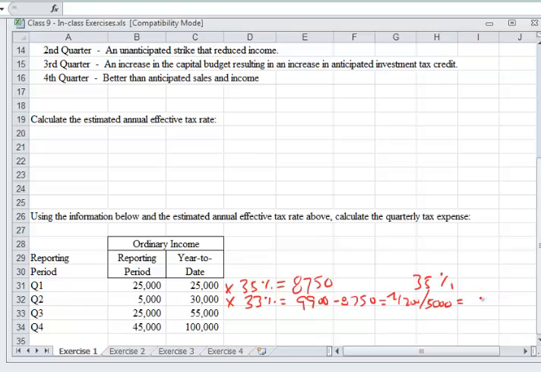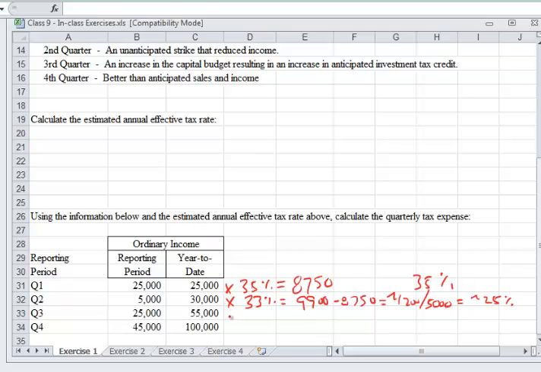It's looking like it's closer to 25%. I'm just winging it here. The point is because my annual rate's lower, I have a catch-up effect in Q2, and so my Q2 rate is lower on a standalone basis because I'm moving my annual rate lower and lower.